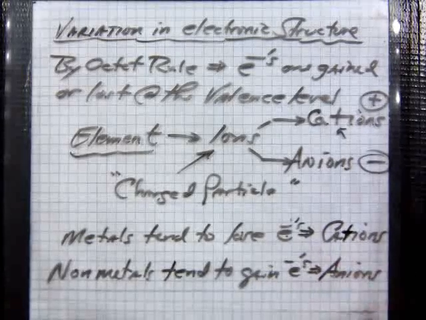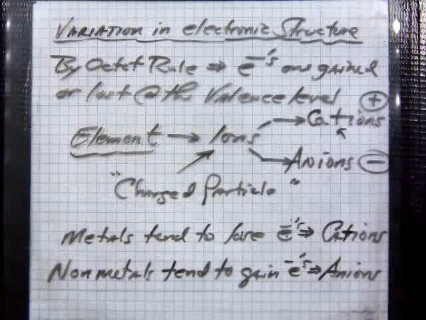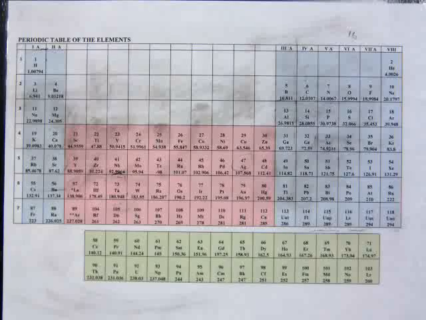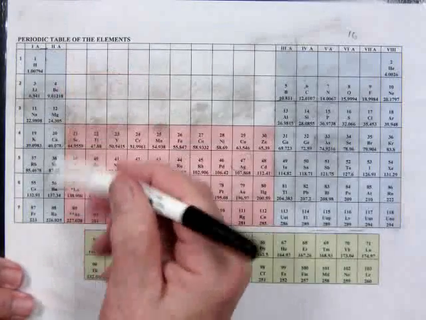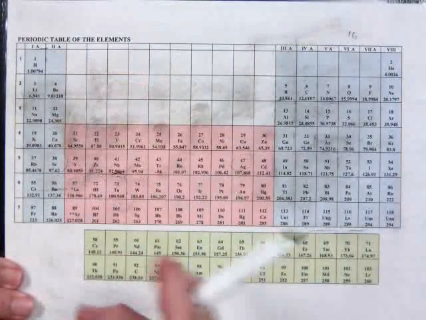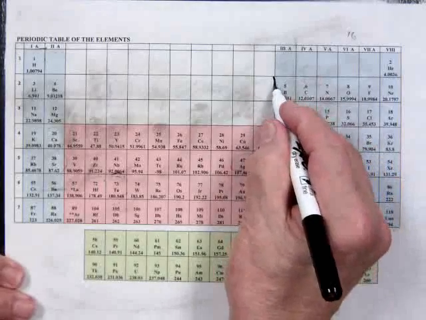Remember that. So when we look at the periodic table, we can also tell what the charge on an element will be as a result of gain or loss of electrons. These elements have one outer shell electron. These elements have two outer shell electrons, including the transition and inner transitions up to the staircase.